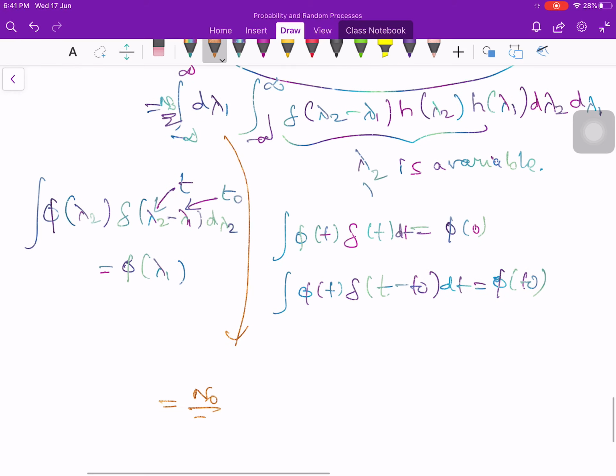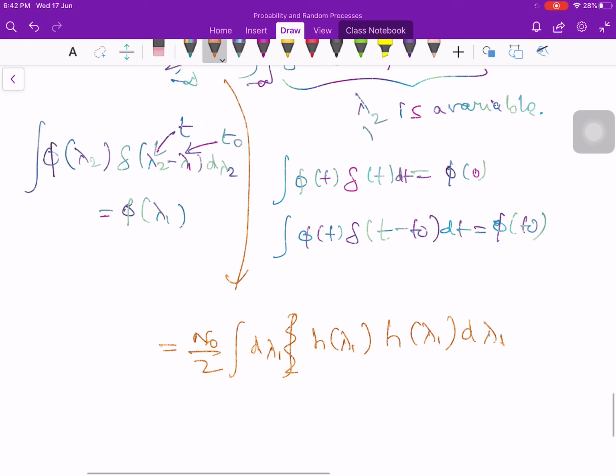So therefore, this is going to be n naught over 2 integral d lambda 1. This integral will go away. That is going to be h of lambda 1. Already I have one more h of lambda 1 times d lambda 1.